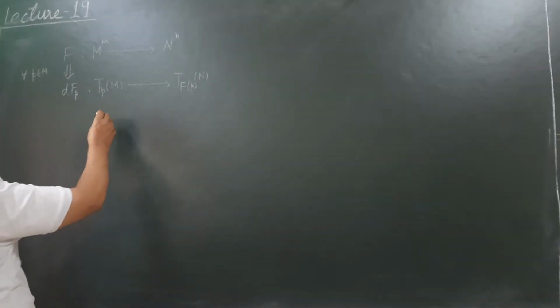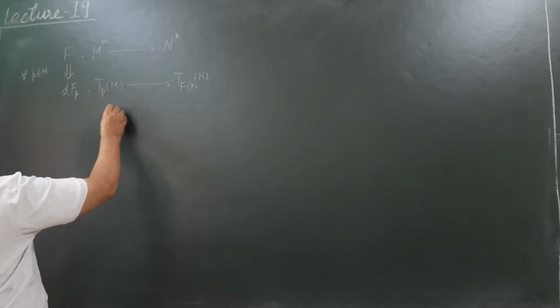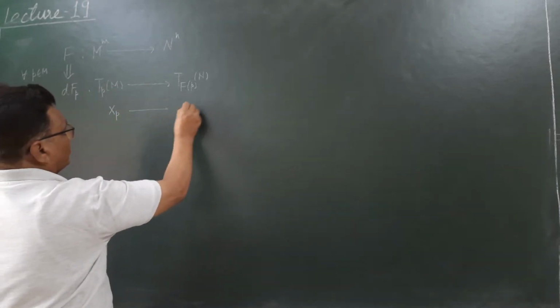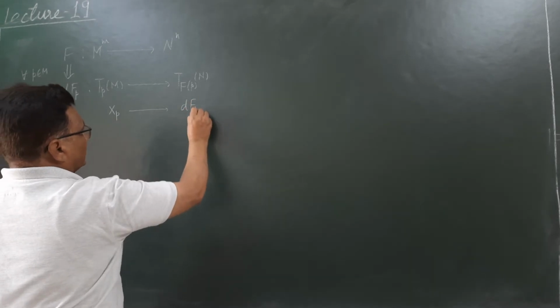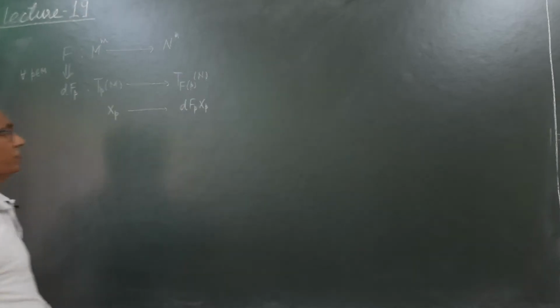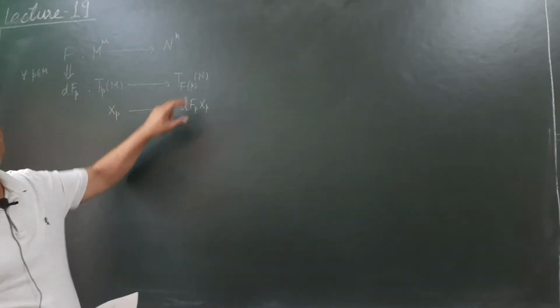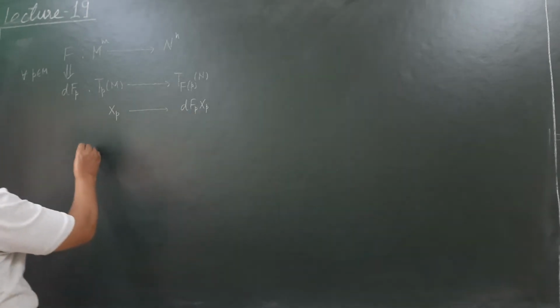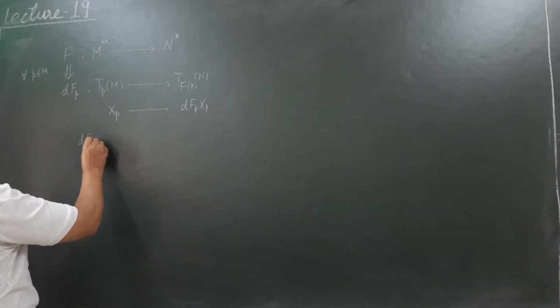And the definition that emerged was this: if X_P is a tangent vector on M, it will be mapped to a tangent vector in N, say DF_P X_P. So, this is a tangent vector at the point F(P). All right, and we defined this tangent vector DF_P X_P as follows.